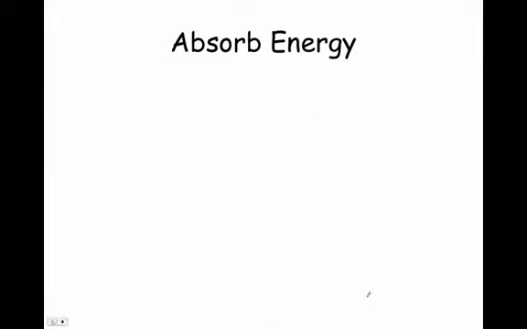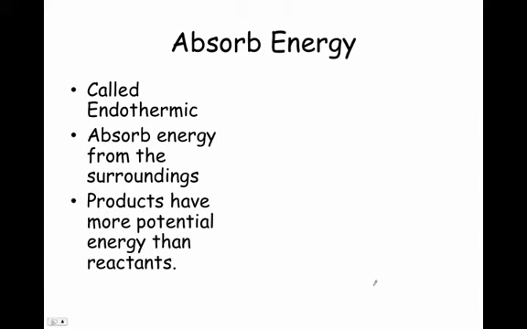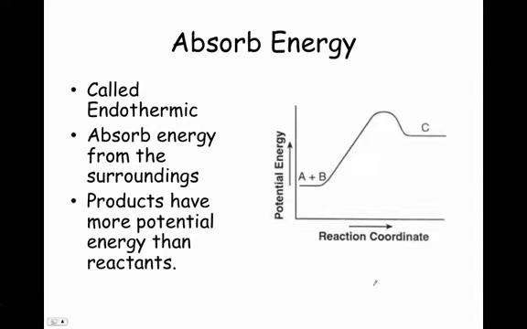In contrast, reactions can also absorb energy. Those reactions are called endothermic reactions. And they absorb energy from the surroundings, and that energy enters the system. And in an endothermic reaction, products have more potential energy than reactants do. So this creates a graph that looks like this. Again, our reactants are down here, and our product is up here.